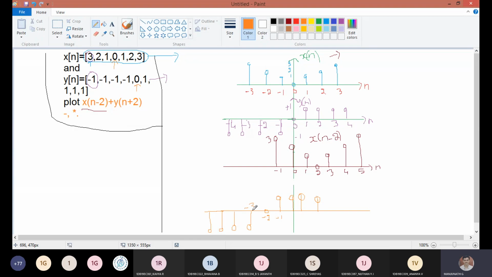So what exactly have we done? We have done advancing by 2 bits for your y of n signal. So this is how it looks, minus 2 to minus 6. This is having amplitude of 1 and this is having amplitude of minus 1. So this is 0, plus 1, plus 2. So what sketch have we done? This is for y of n plus 2. Is it okay, guys? Everyone?